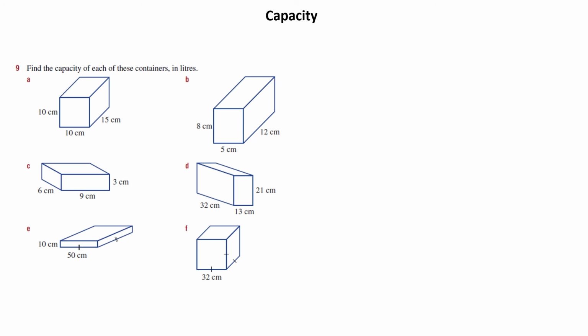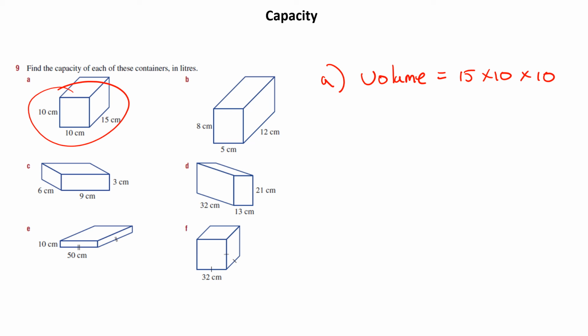And find the capacity of each of these containers in liters. So for example, this one here, let's do A. The volume, remember, we're talking about in this case is in centimeters cubed. So it's 15 times 10 times 10.